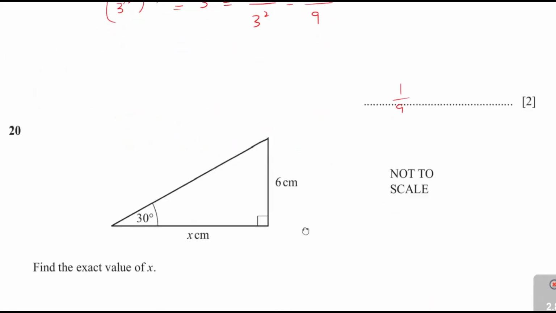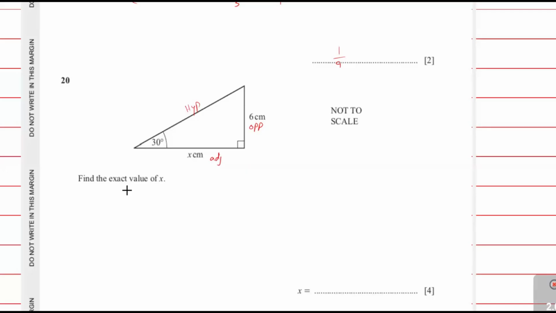In the next question, number 20, find the value of x. Look here, this is a right angle triangle, and we can calculate the value of x by a trigonometric ratio. I already mentioned the lengths according to this angle. This is the opposite side. This is adjacent to the angle, x centimeter, and this length is the hypotenuse.